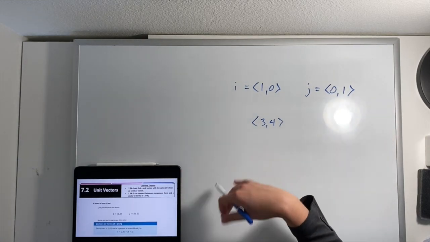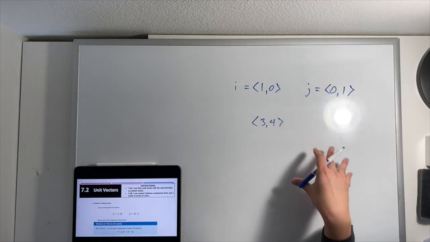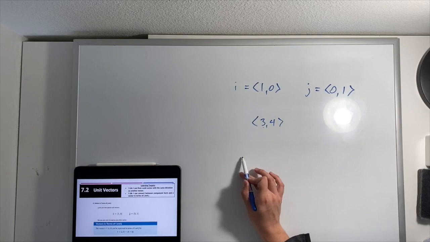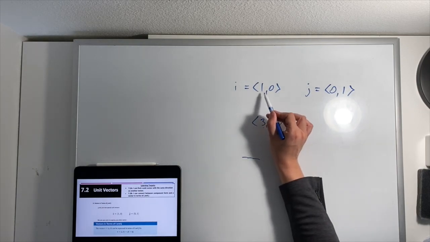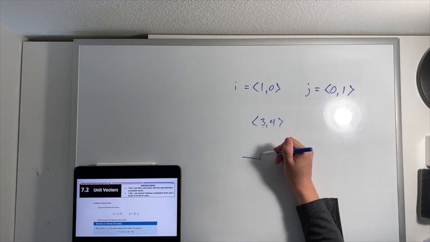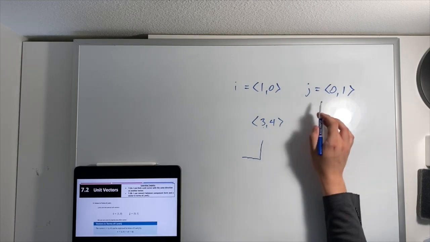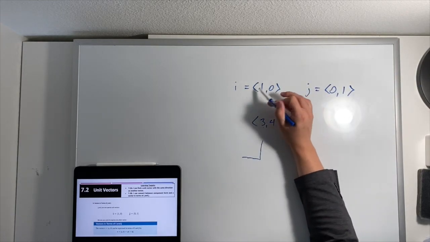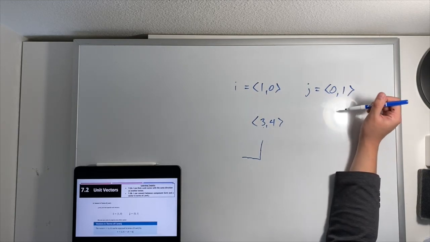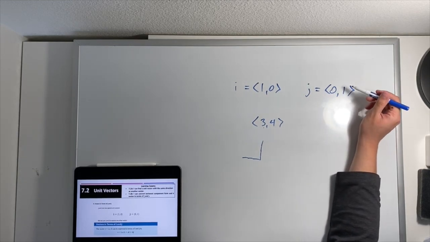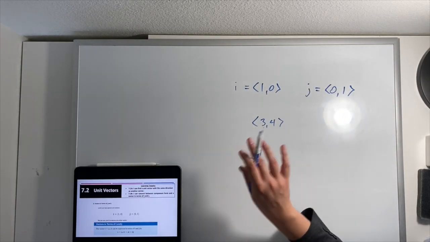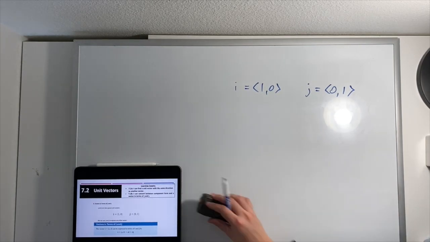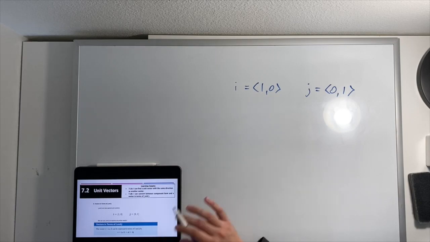Again, if we're thinking of a vector as displacement, as a measure of how much we've moved from one position to another, then we've moved 3 to the right, in other words, 3i, and then we move up 4, in other words, 4j. i has a horizontal component of 1, j has a vertical component of 1. And so we can use these 2 special unit vectors to build up any other vector we want.